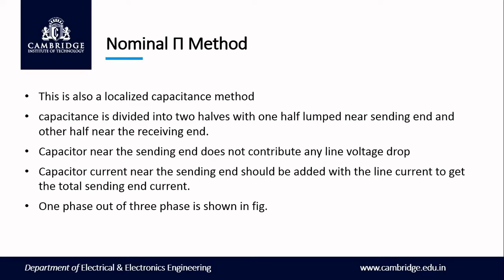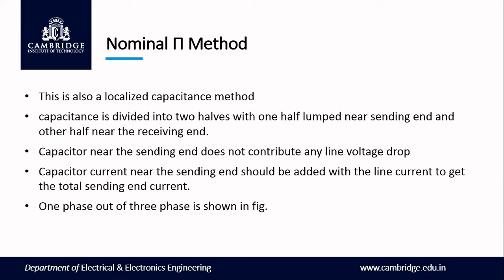In the nominal pi method, the capacitance is divided, that is, half of the capacitance is made available at each end, one half at the sending end and one half at the receiving end. The capacitors placed near the sending end will not contribute to the voltage drop.